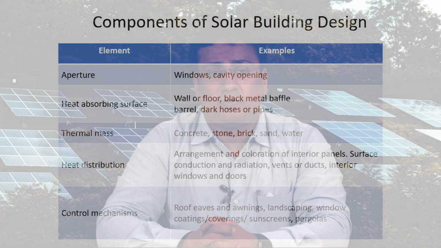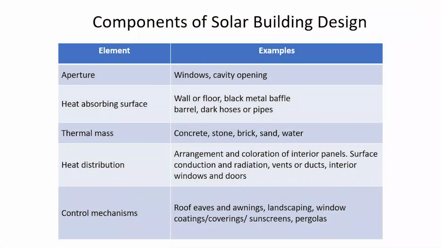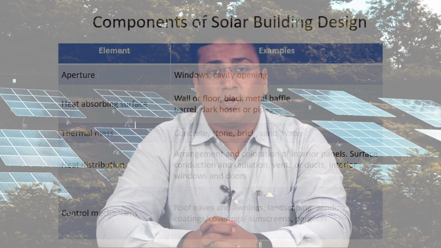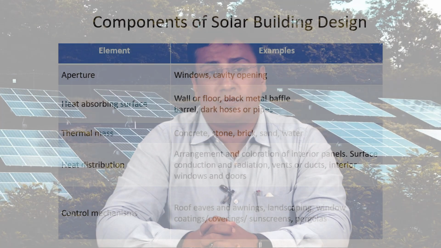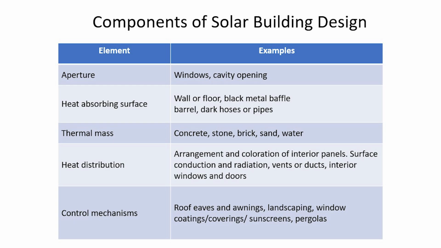In this table, we can see some examples regarding all these components. The first component, which I have already discussed, is aperture. If I talk about aperture, then definitely the window, cavity opening and other surfaces which are required. If I talk about the absorbing surface, then wall, floor, black metal, barrel, dark hoses or pipes. Talk about thermal mass, then concrete, stone, brick, sand and water.